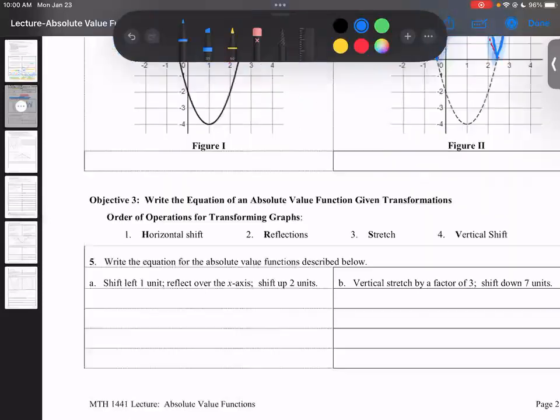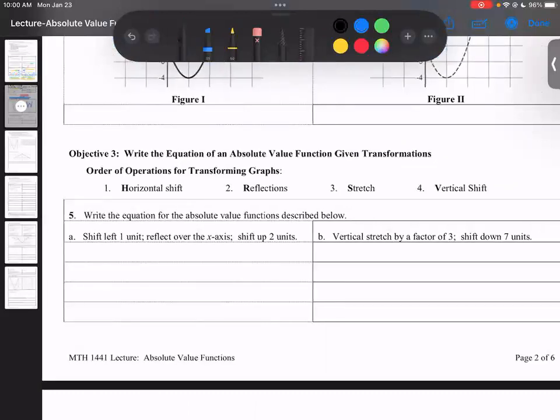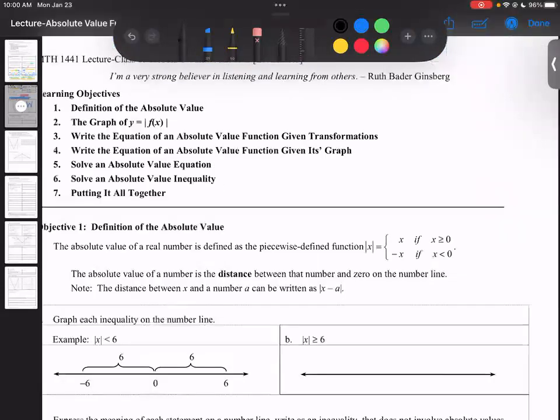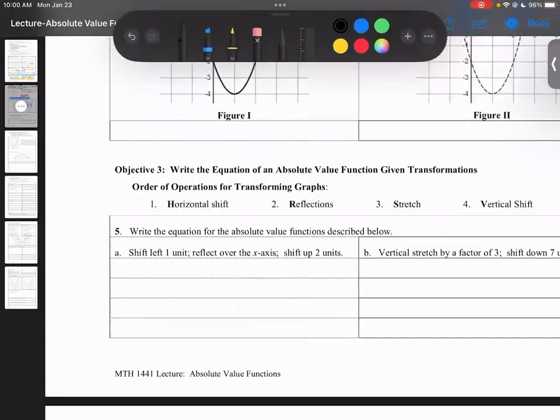Number 5, I think this one is number 5. Before I do anything, let me give you the vertex formula of the absolute value. I didn't make up that there's no vertex, because at that pointy point the slope is undefined, so we shouldn't call that a vertex.